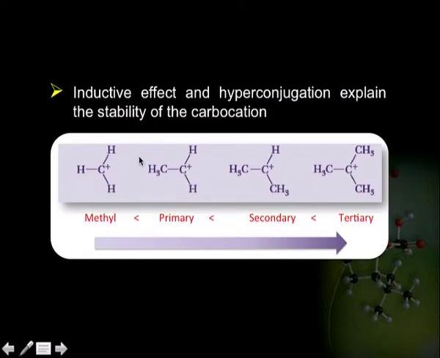So, the stability of carbocation can be shown for methyl, primary, secondary and tertiary following the order, that methyl being the least stable, then is the primary and then is the secondary. Finally, the tertiary carbocation is the most stable one.